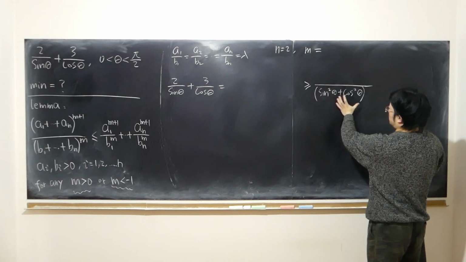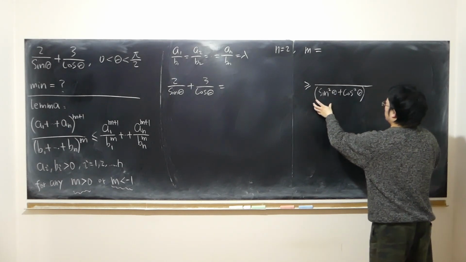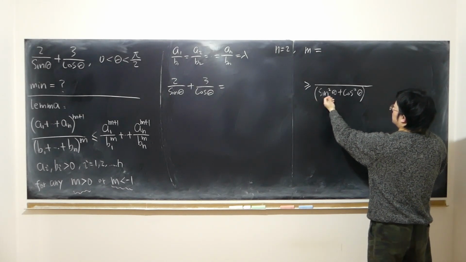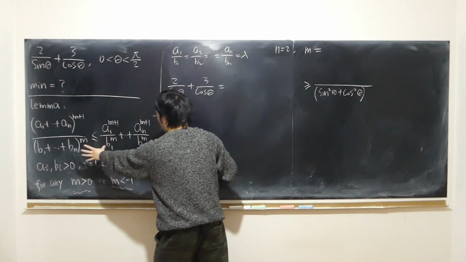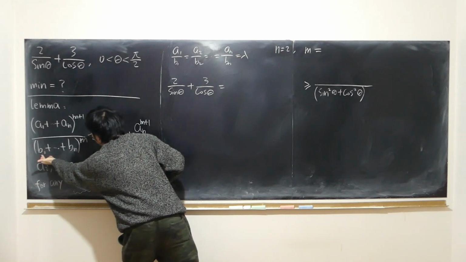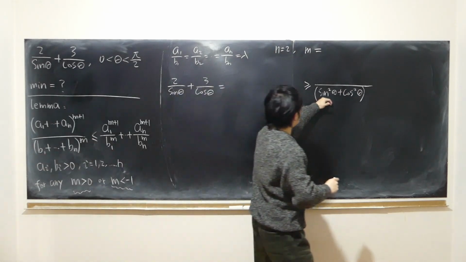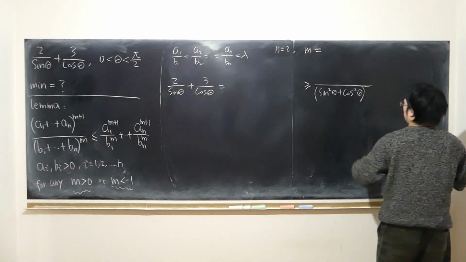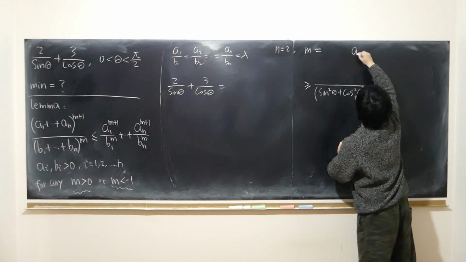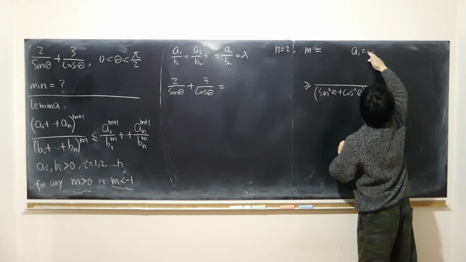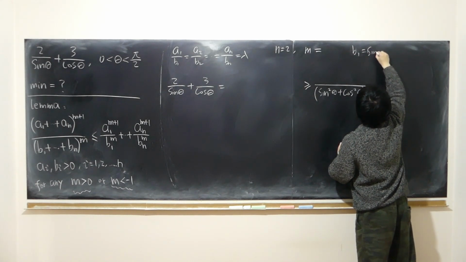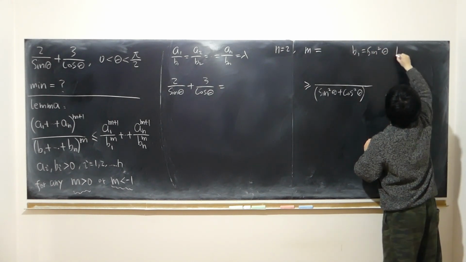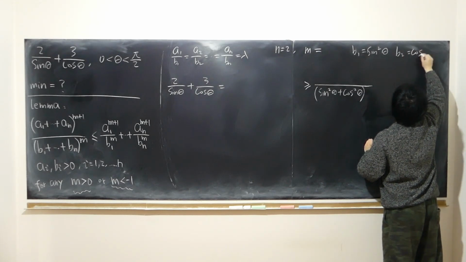Suppose this is the final result. In that case, it looks like B1 must be sine square and B2 must be cosine square.